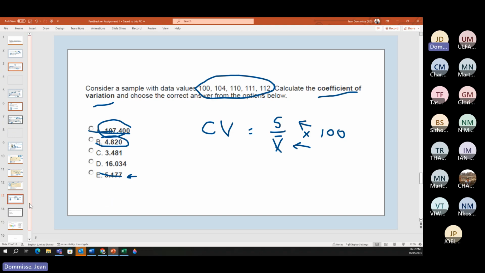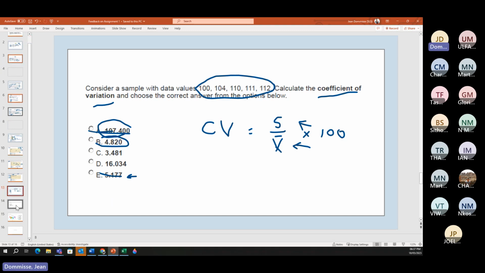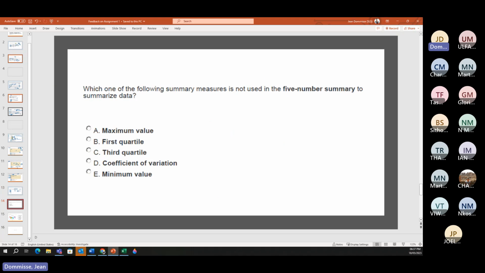Okay, so then we come to the last two, and again, they love to ask this in the exam and in your assignment, and I think the next one I showed last week as well, the box plot.